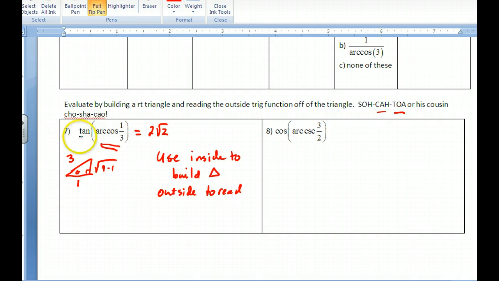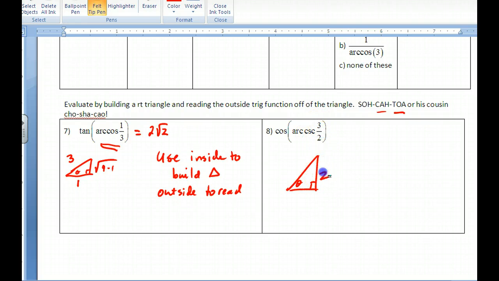So this outside function you're going to read off from here. If I build this one, cosecant, you could use this information here, hypotenuse over opposite. But if I build this, then this would be the same thing as having the sine of 2/3.